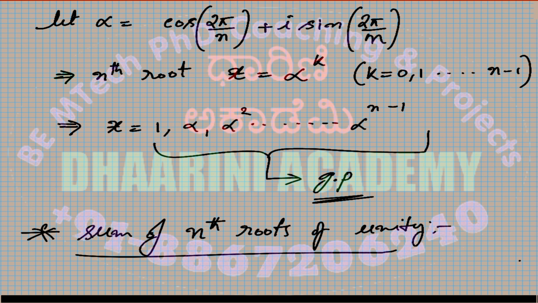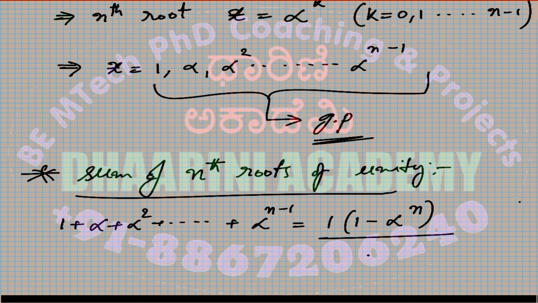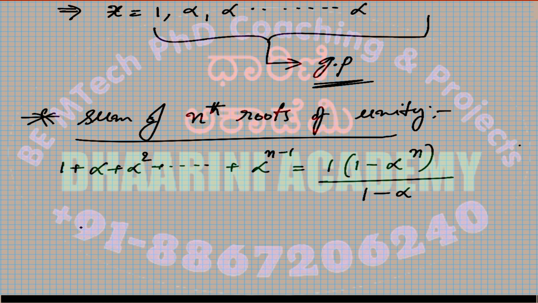So I'm supposed to take the sum 1 plus alpha plus alpha square plus dot dot dot up to alpha to the power n minus 1, which is nothing but the first term into 1 minus alpha to the power n, there are n terms, whole divided by 1 minus alpha, by applying the formula. Now let's substitute this.